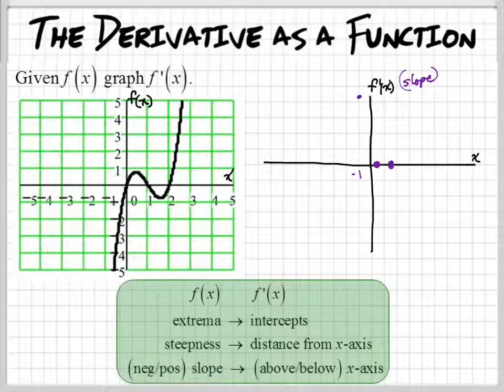Well, how'd you know you put it right there? Well, I could have put it right here, or I could have put it right here. What matters is the relationship of that point with my next point. Because look, if I go to x equals 0, which is right here, is that steeper or more shallow? And I'm comparing it to x equals -1. I mean, that's really steep right there, right?